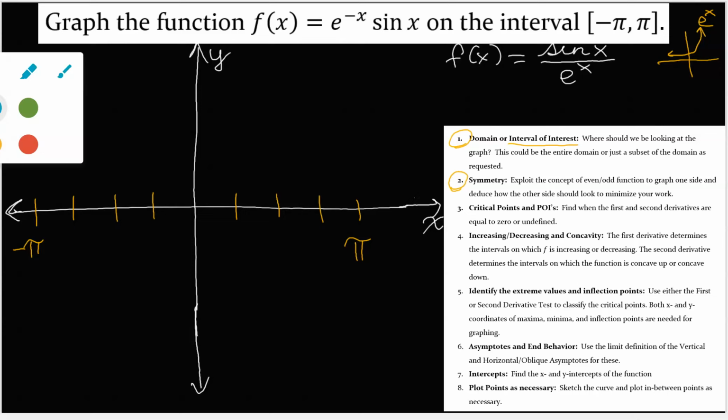So there's no symmetry to be had here. And the domain is still, as we said, from negative pi to pi, which is the interval of interest.